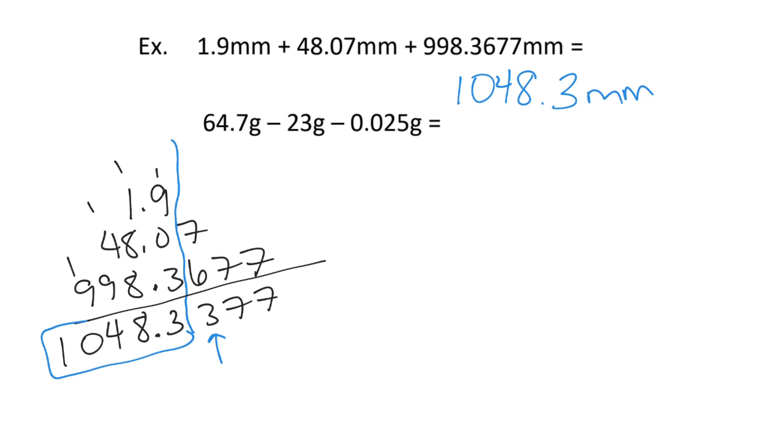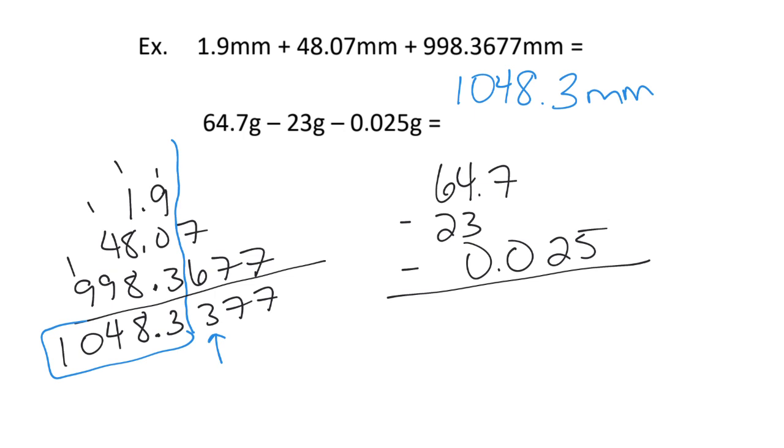So if we subtract, and we can line them up, 64.7 minus 23 minus, and now this one is 0.025. Okay, if we look at this one, there's nothing past the decimal. So we're still going to do the subtraction, but our answer is not going to have any places past the decimal.